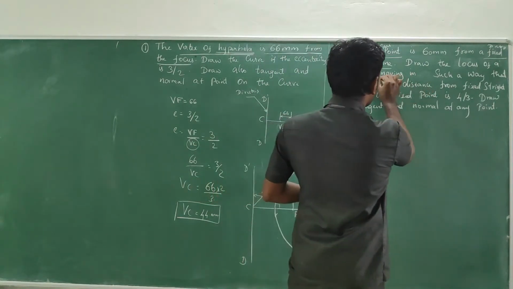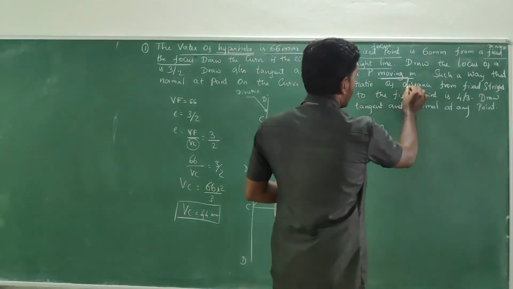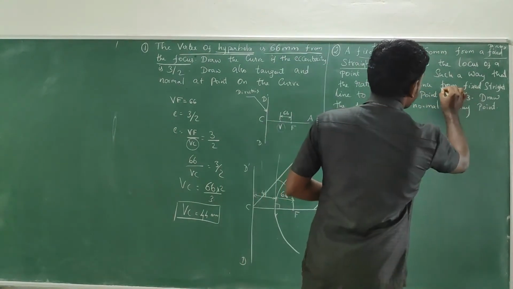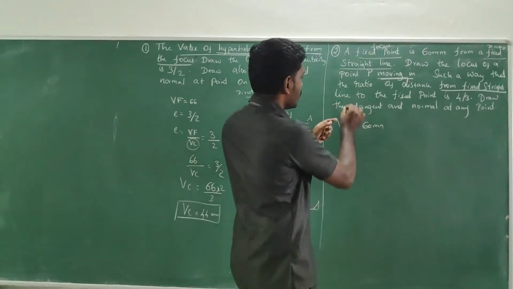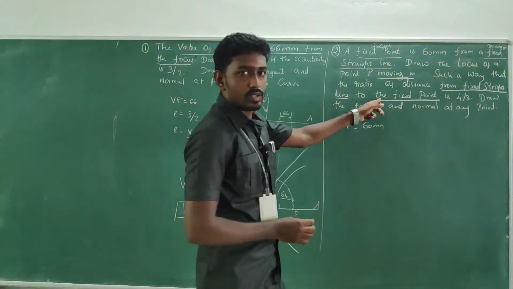The distance of the moving point from the fixed straight line to the fixed point, right?